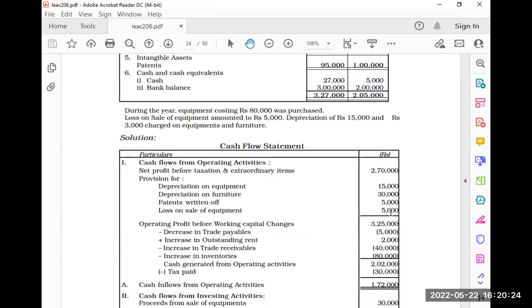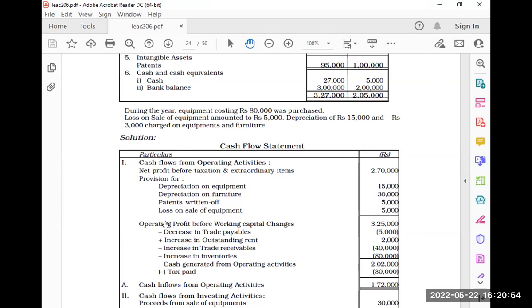The difference between these two should be either depreciation, sale or purchase. If it is reduced, two chances: depreciation and sale. If it is increased, again two chances, appreciation and purchase. But we don't record appreciation, so we forget appreciation, only sale. Okay. So in this question, it is given here. We are taking that as loss on sale of equipment, 5,000.